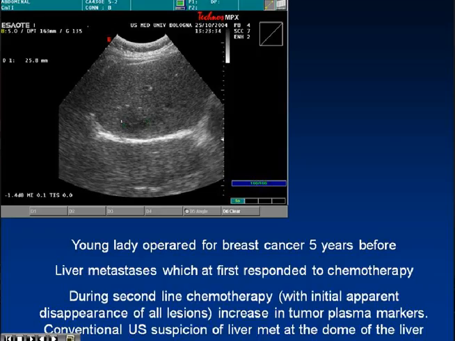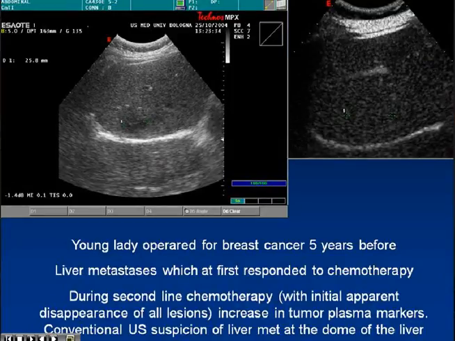This is another case, a young lady operated for breast cancer 5 years before. She was submitted to chemotherapy, responded at first, but then there was an increase in the tumor plasma marker during second-line chemotherapy. She came for ultrasonography, and we thought that this was the reason for the increase of the plasma marker.